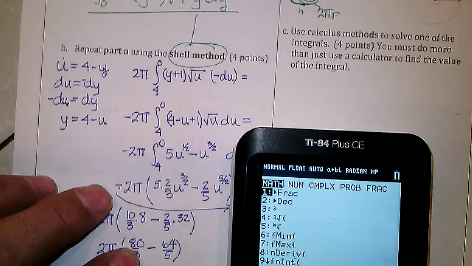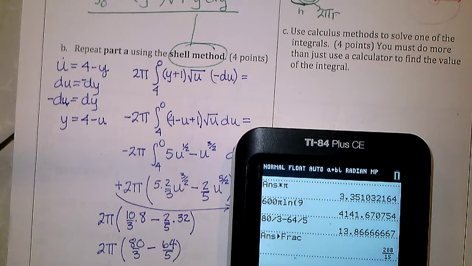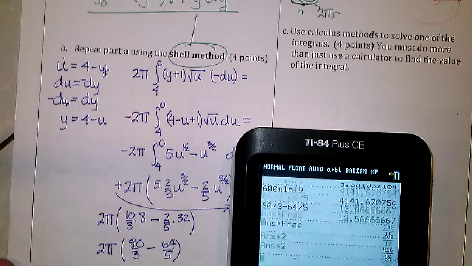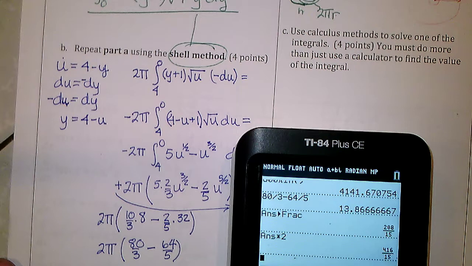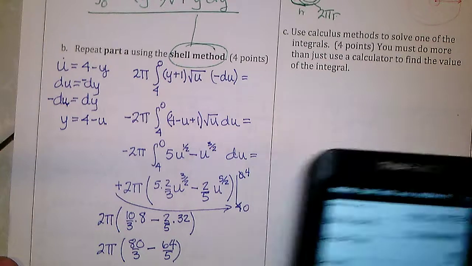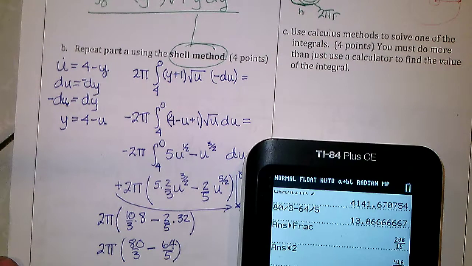Math, enter, enter. So that's 208/15 times 2, 416/15. Some calculators you might have to change it to fraction again.